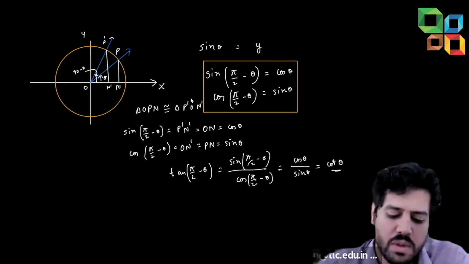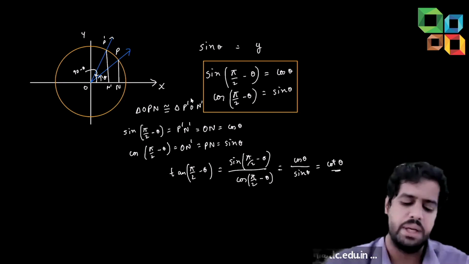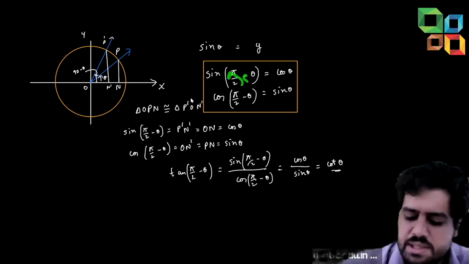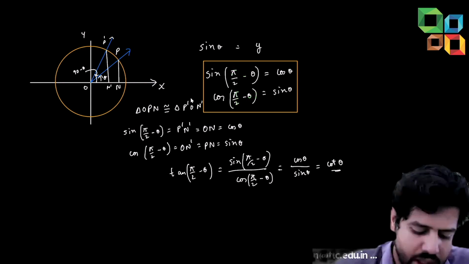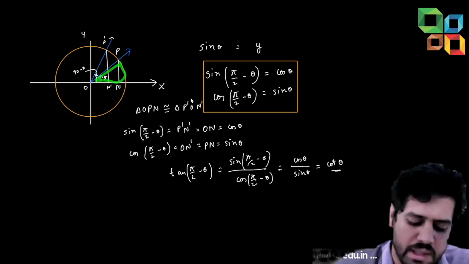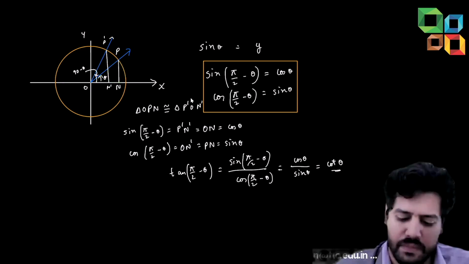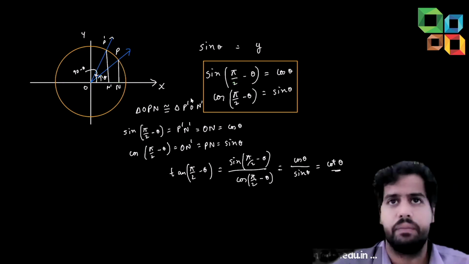So suppose we want to find some pi by 2 plus theta or pi plus theta or pi minus theta, right? Instead of each time doing this triangle and comparing it with this triangle, what we could instead do is come up with a general formula.